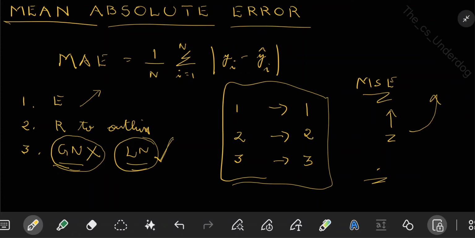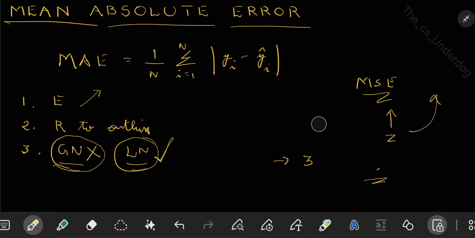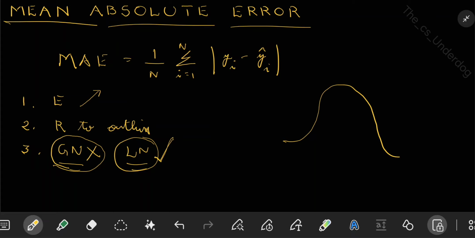The next question is, what is Laplace noise? What is Gaussian noise? So for now, you just understand that in case of Gaussian, you will have a bell curve like this. And in case of Laplace, you will have a curve that is pointed at the mean and with a heavier tail. So basically you need to understand this. In case of Gaussian, the tail will be very thin.